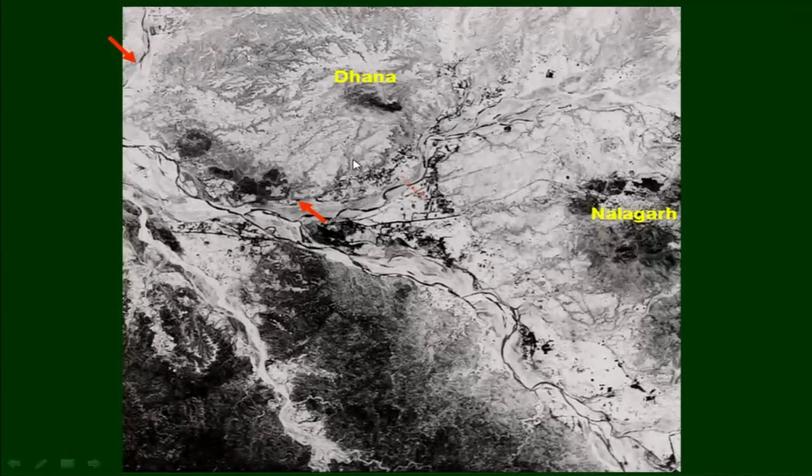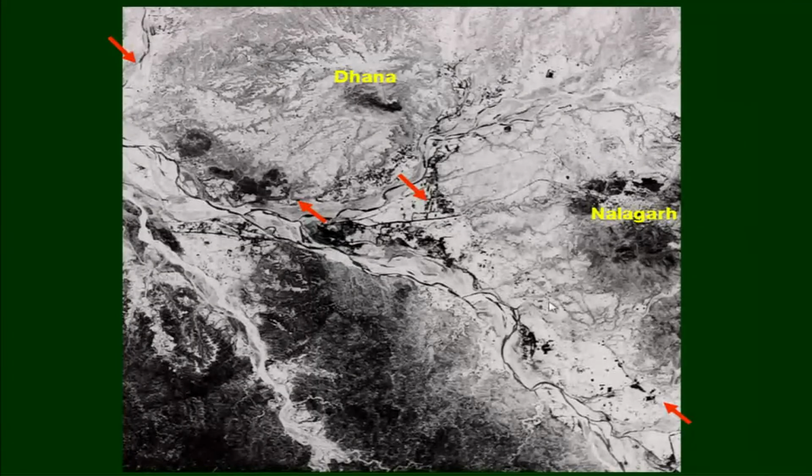And the most important one which I would like to discuss here is this area here. The arrows which I have marked show the trace of the fault, and this side is up and this side is down, and in the previous slide which I was showing, it also shows the tilting in this direction.